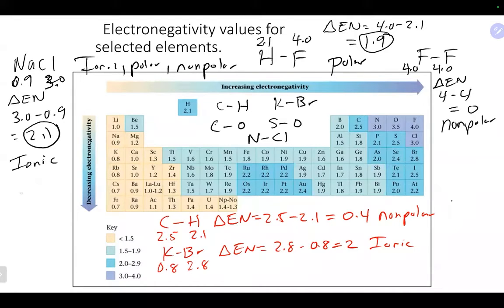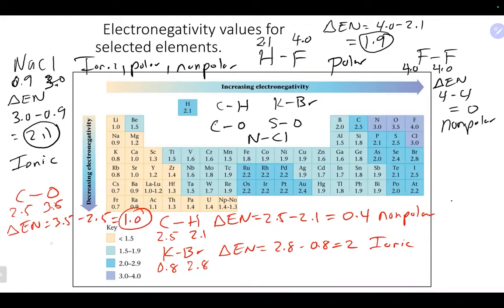Let's do carbon oxygen next. Carbon, once again, is 2.5. Oxygen there is 3.5, I believe. The difference in electronegativity would be 3.5 minus 2.5. That looks like a 1.